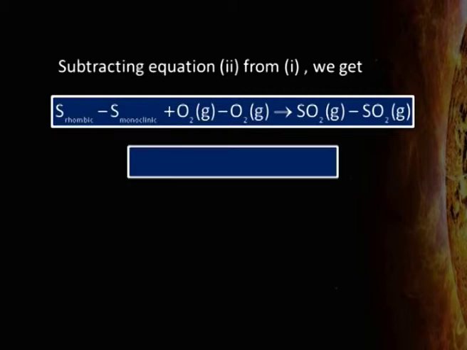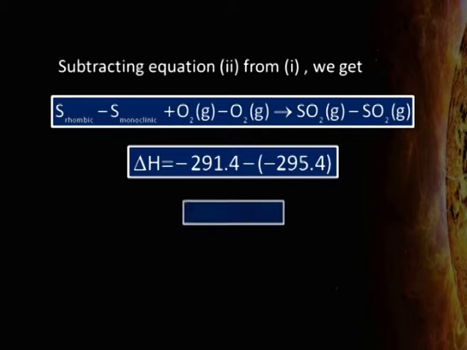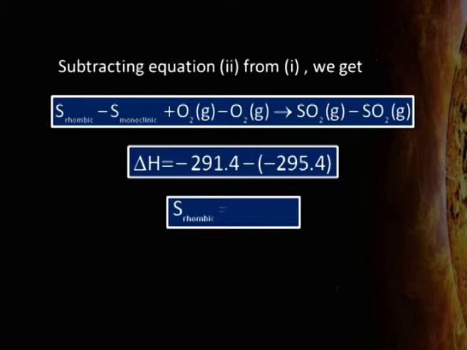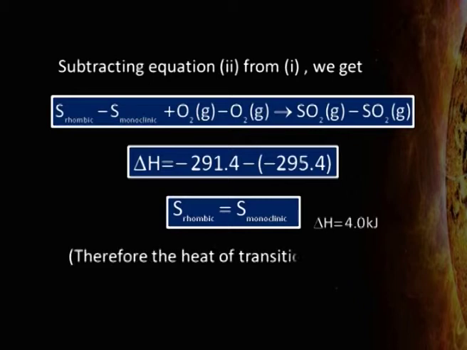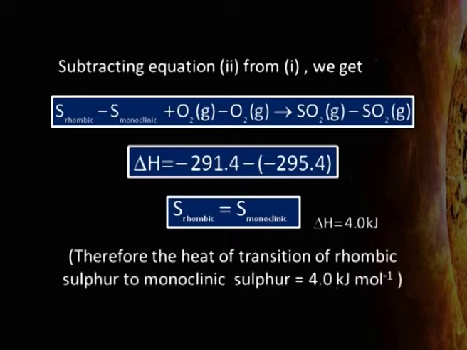So, delta H for this reaction will be equal to minus 291.4 minus of minus 295.4, and the required equation will be converted to rhombic sulfur, giving you monoclinic sulfur, and delta H for this reaction will be equal to 4.0 kilojoules. Therefore, the heat of transition of rhombic sulfur to monoclinic sulfur will be equal to 4.0 kilojoules per mole.